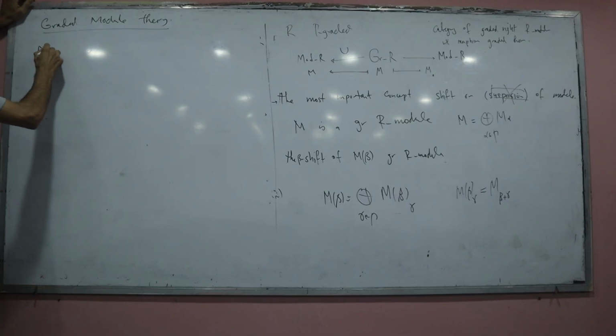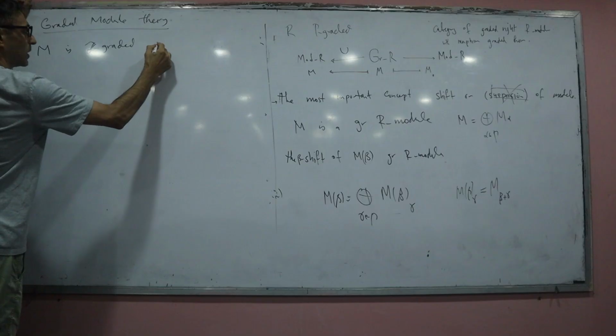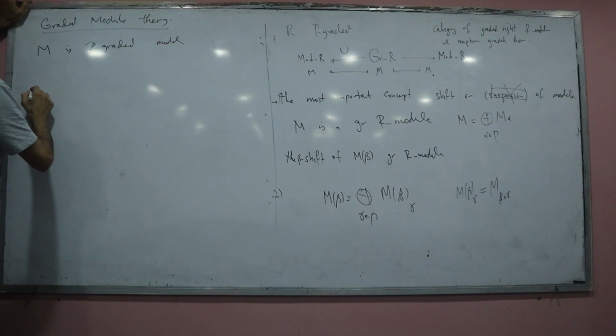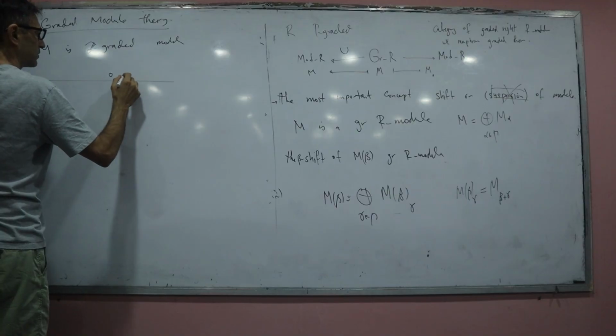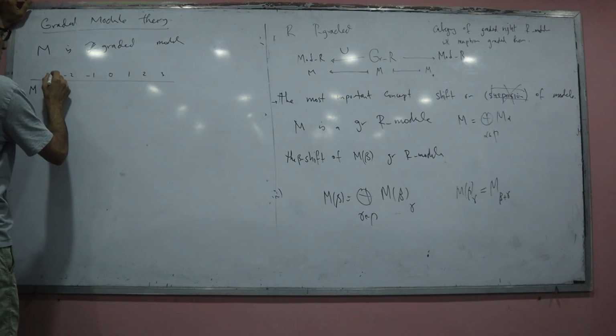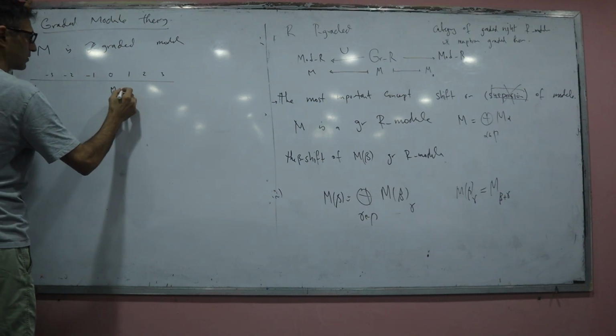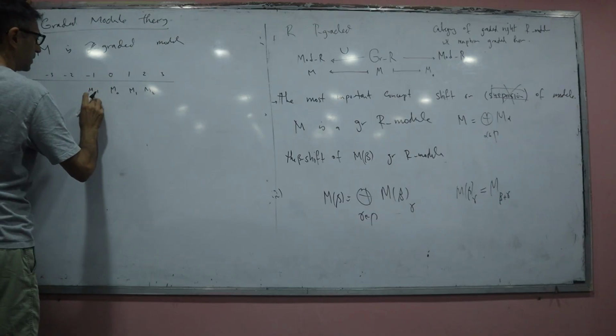So imagine M is a Z-graded module. So this is your M. This is degree 0, degree 1, degree 2, degree 3, negative 1, negative 2, negative 3. So here sits M0, M1, M2, M negative 1, and so on.